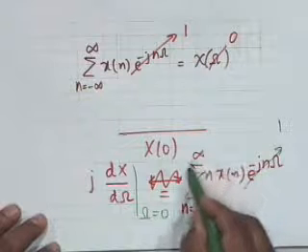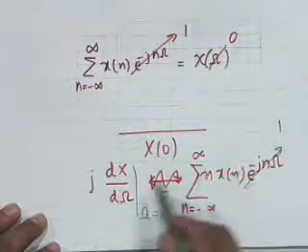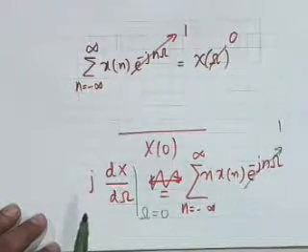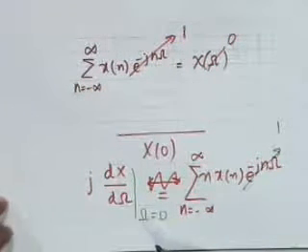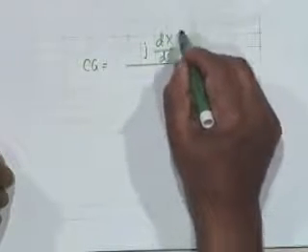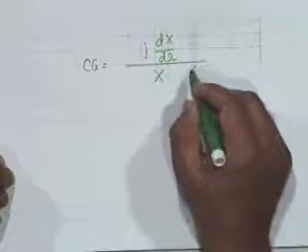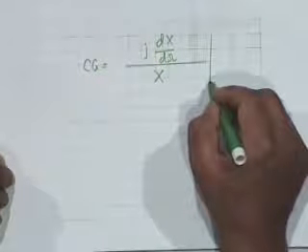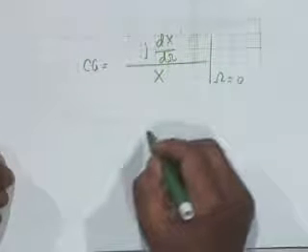Therefore the summation of n x[n] is simply j dX/d omega at omega equal to 0. Therefore the CG becomes equal to j dX/d omega divided by X, the whole quantity evaluated at omega equal to 0.